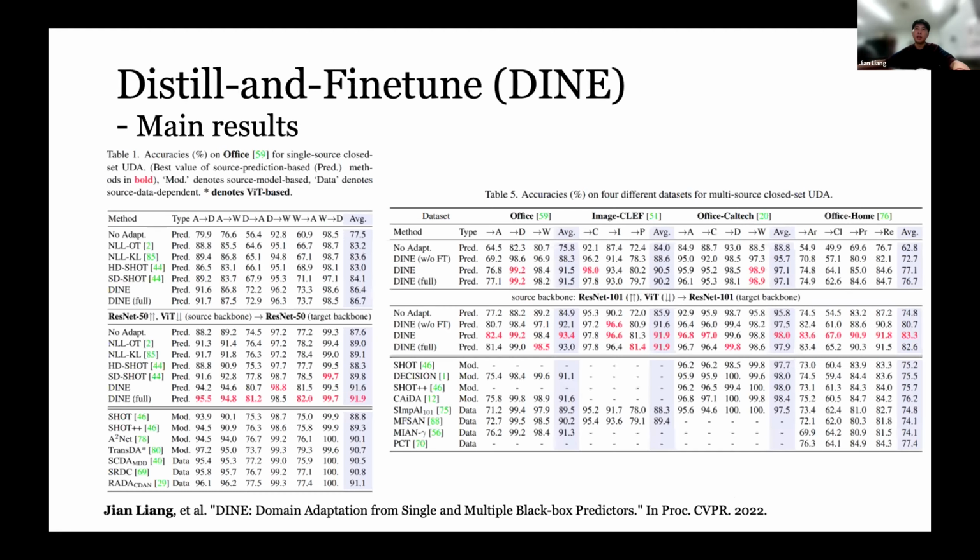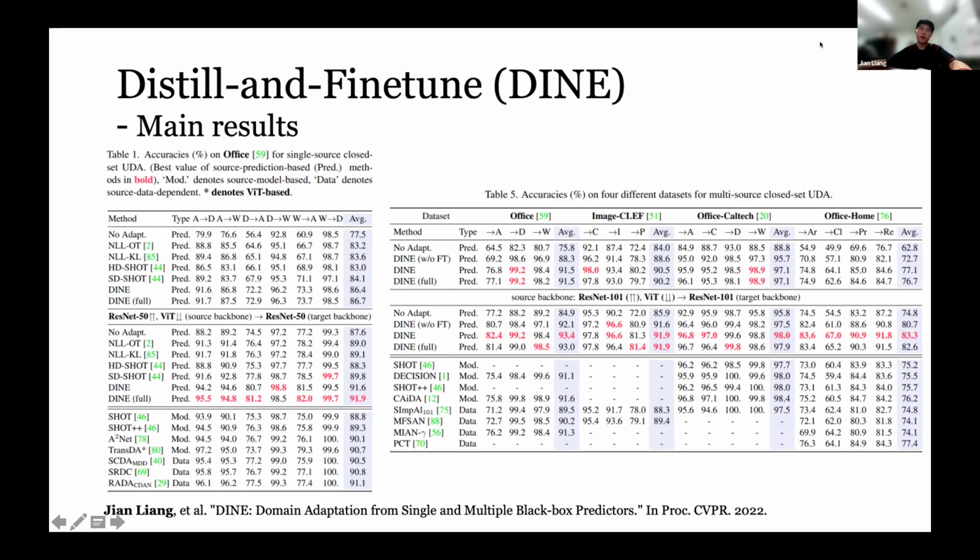Okay, next. Here we also show some results of this method. In the left figure and table, we show the results on single-source domain adaptation benchmarks. We can find that our method always achieves the best performance.